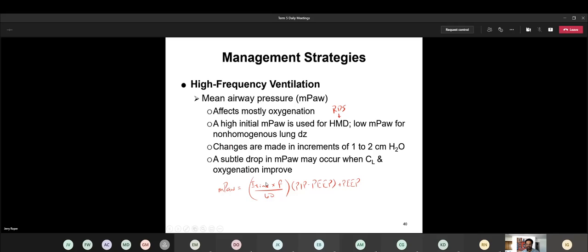And you'll just have to accept that you're going to need to ventilate with much higher pressure. And hopefully as the baby gets better, you can start to titrate down on some of these parameters. And then for other problems, you don't necessarily need that high of a pressure.